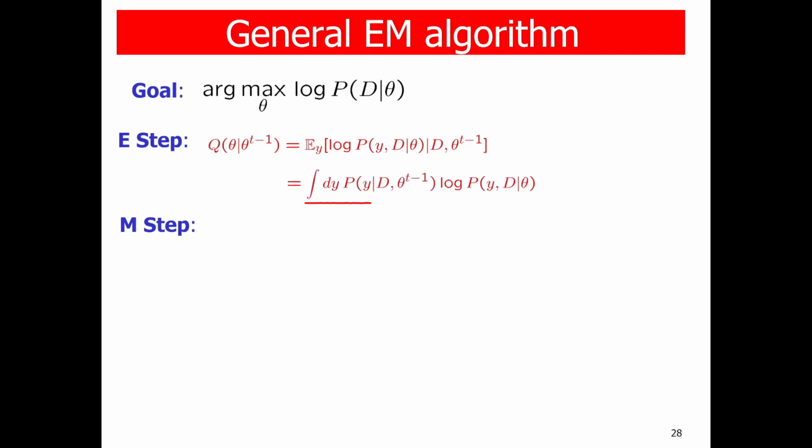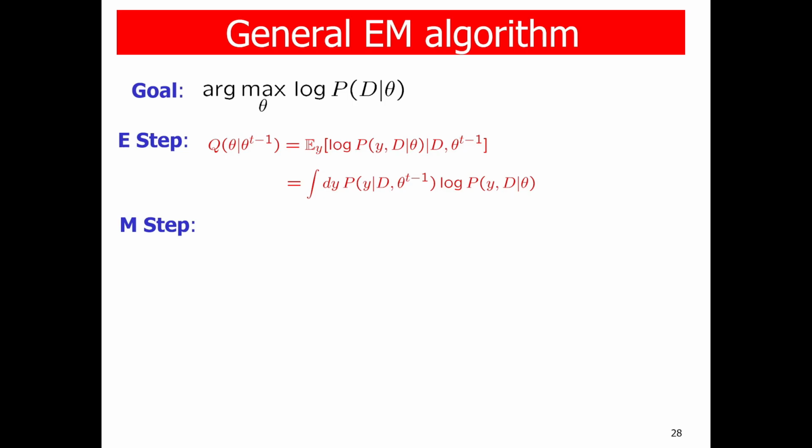Using the definition of conditional expectation, we can also simply write this Q function with this integral. This is the integral of the product of p(y given the data d and parameters theta at time step t-1) multiplied by the log of the joint probability distribution of y and data d given the parameters theta.